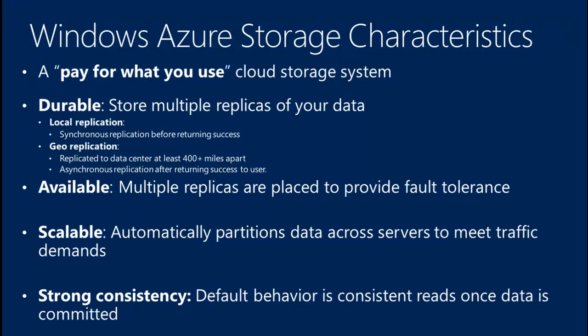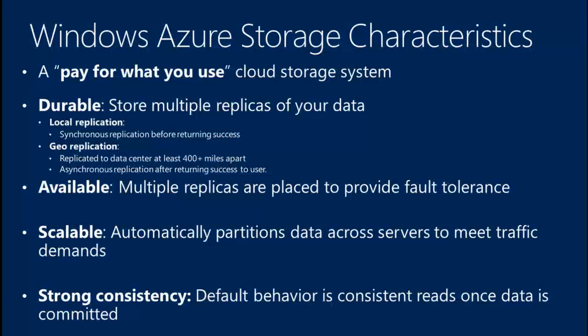But the key part of this is it's durable. So every single time you write something to storage, it's made durable on your behalf. We keep 3 copies of your data across what we call upgrade domains and fault domains. If you think logically of a data center, you'd have multiple racks. Any single piece of hardware that could impact multiple servers is considered a fault domain. So you think of the router on top of a rack or the power supply or something like that. And then we cut across these, and we call them upgrade domains.